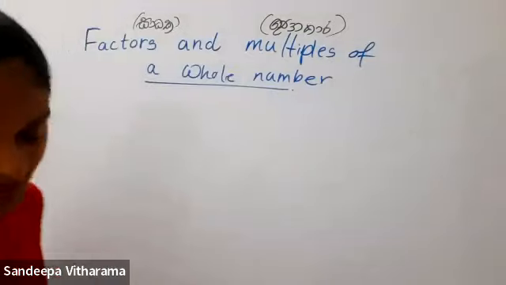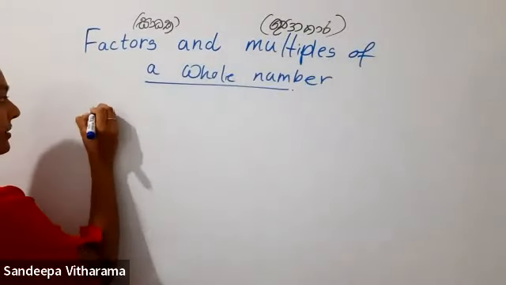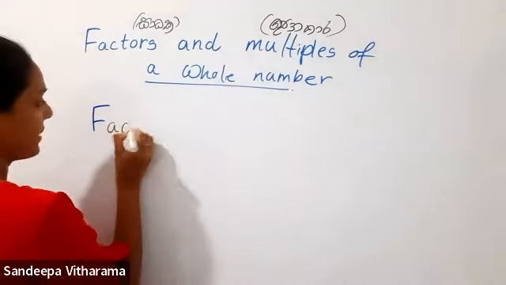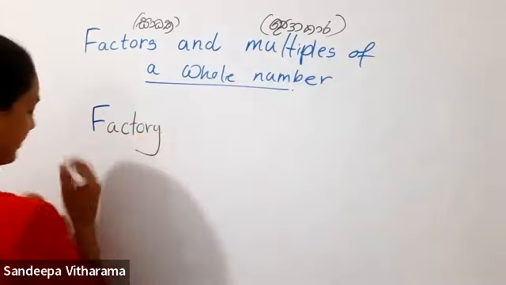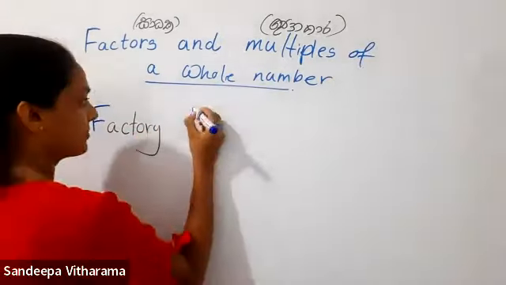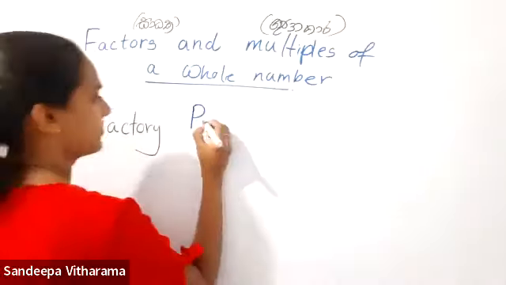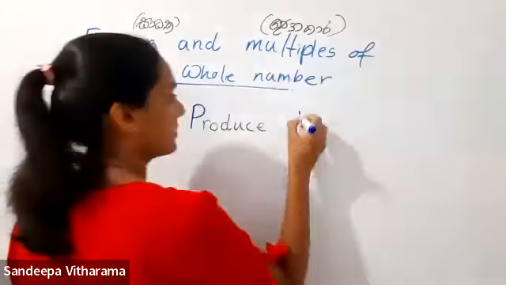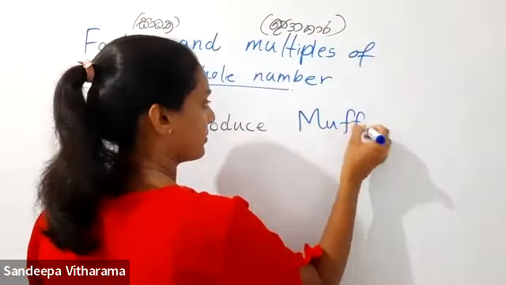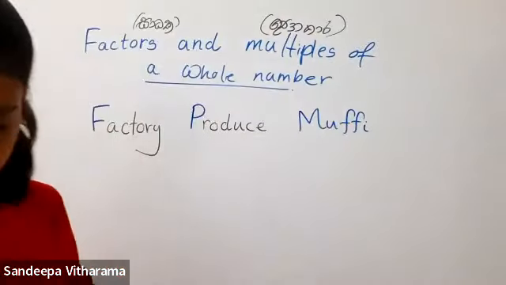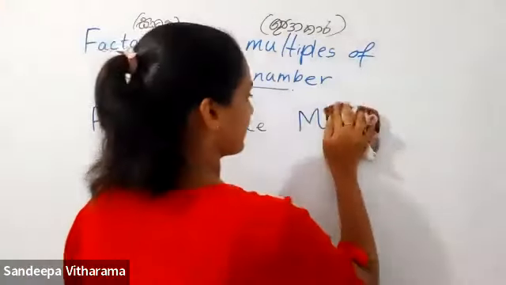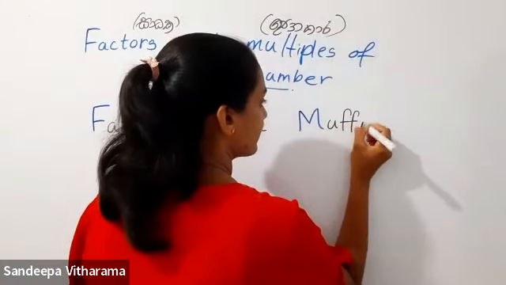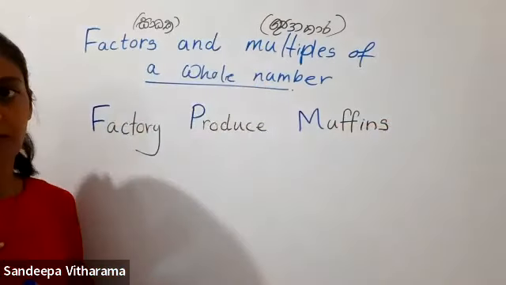Okay, look. I write factory like this: Factory, produce. What happens?